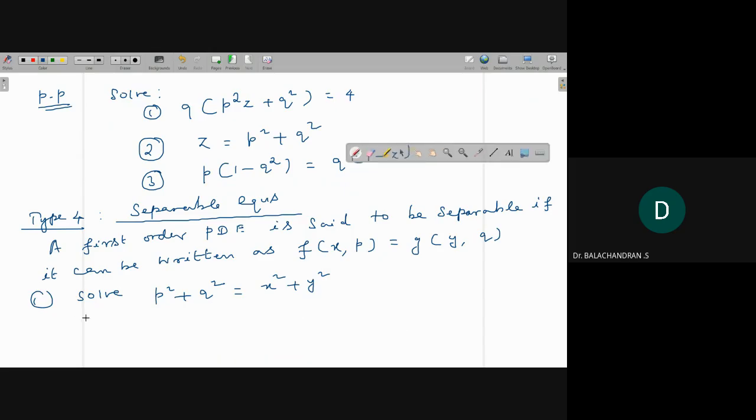Let me take this as 1, the given problem. From this we can write p square minus x square, because p and x are on one side, q and y are on the other side, equal to y square minus q square. I'll take this equal to some constant. Since everything is squared, I'll take this as a square. From this, equating these two, we will get p square equal to x square plus a square.